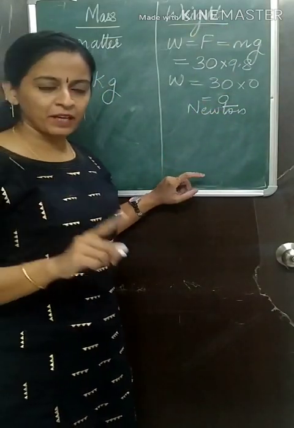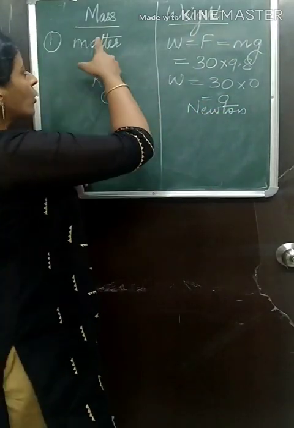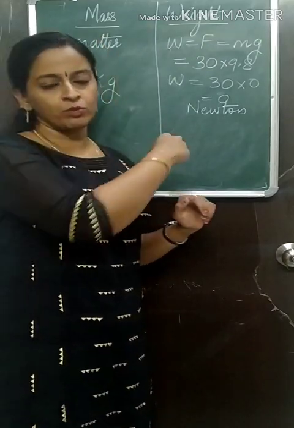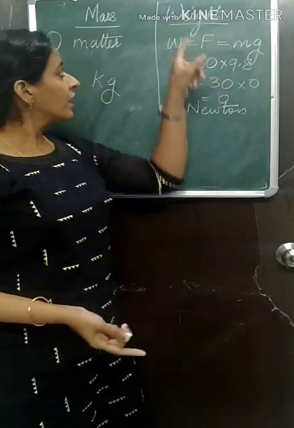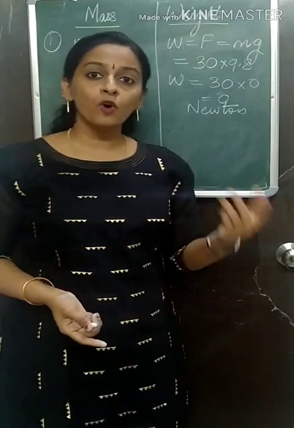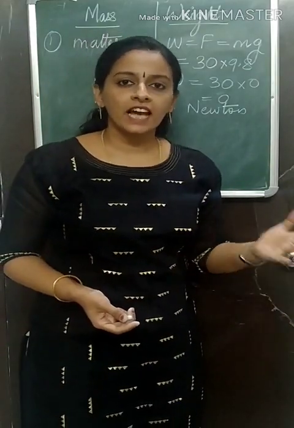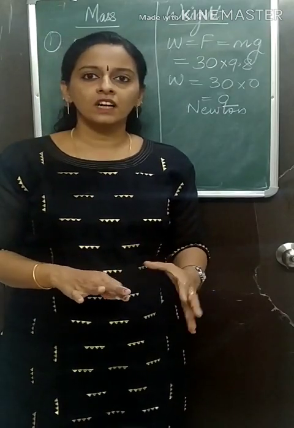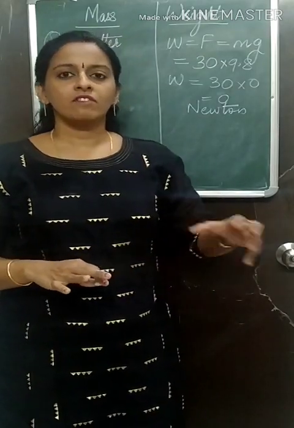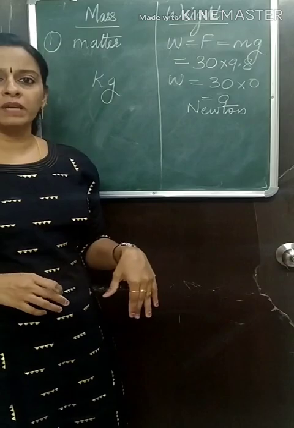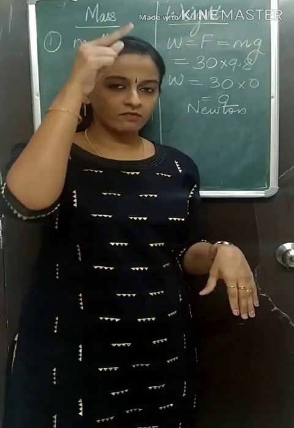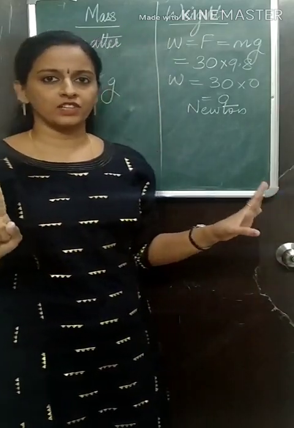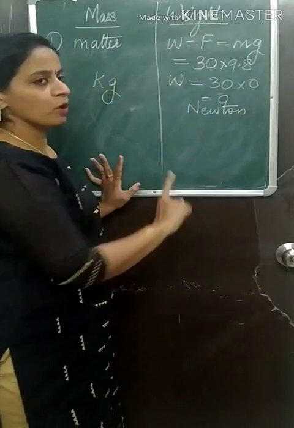Once again I repeat, what was the first point? The amount of matter contained in an object is called mass. Weight is defined as the force with which earth attracts an object. Now I am on the surface of the earth. It is because of the force which the earth is exerting on me, and the direction of that force is vertically downward.